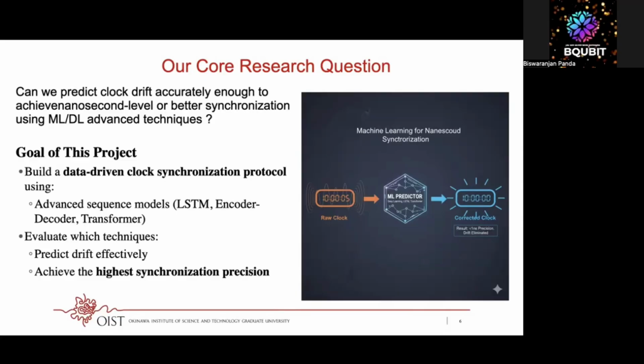Then we'll apply some advanced models like LSTM, encoder-decoder, transformer, etc. Then evaluate which technique is predicting the drift effectively, and how we can improve our precision for this problem.